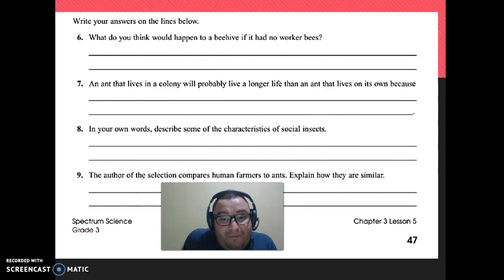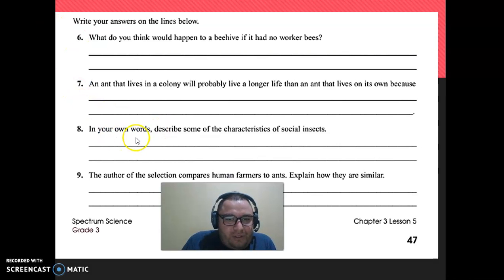But if we have more insects together in an anthill or in a group, we are going to have more protection, because remember, the ants attack. So in your own words, the answer is it's not going to have the same probability of a longer life. If it's alone, no. If it's in a group, yes.